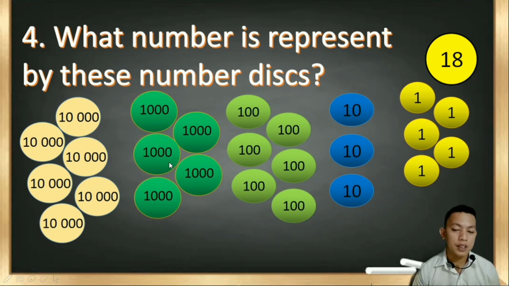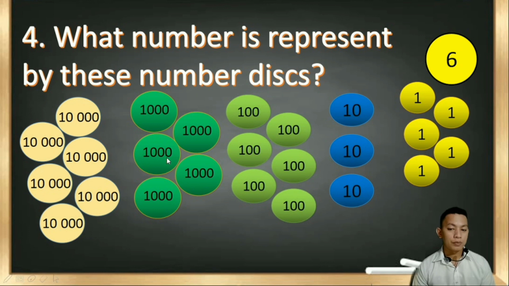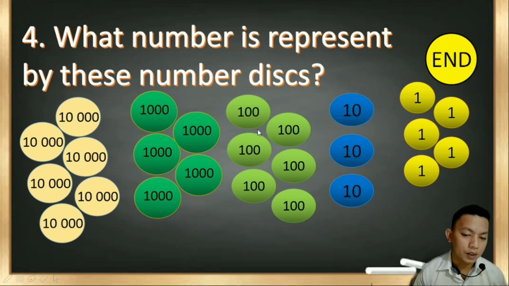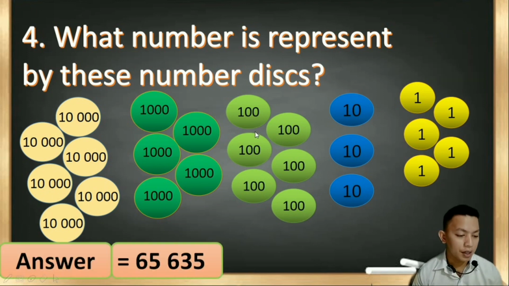You have 20 seconds. Time's up. Okay, the correct answer is 65,635 because we have 6 value of 10,000.